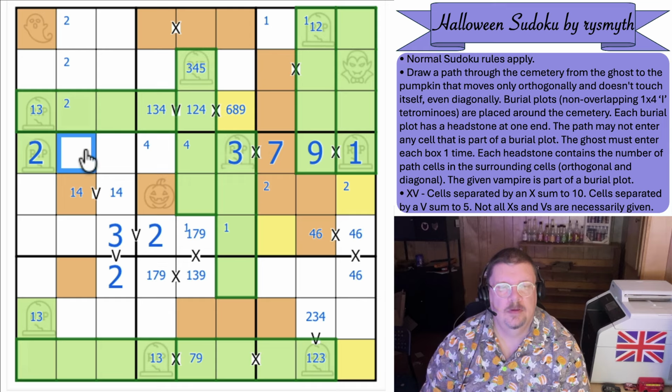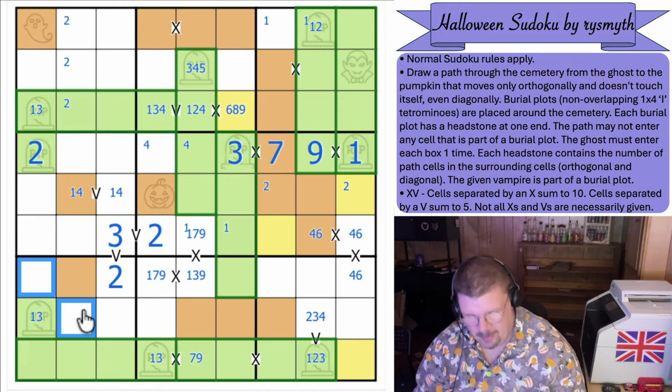One of those is on the path. One of those is on the path. All right. No, that's not true. Both of those are on the path or neither.